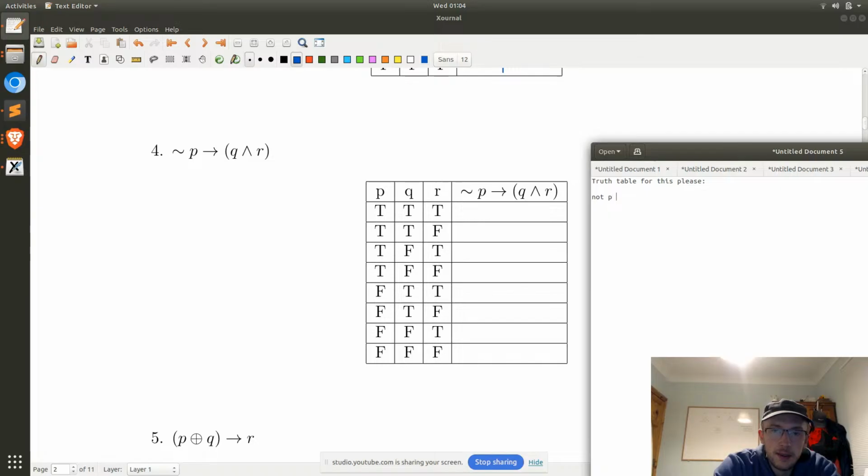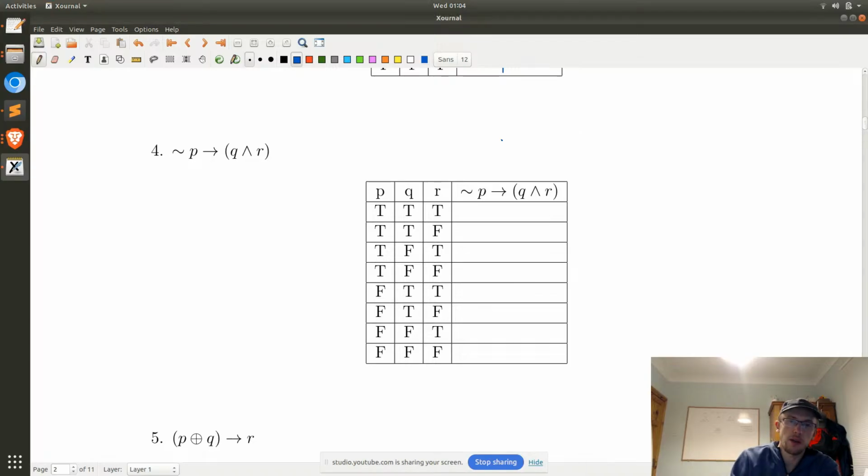So not P. Not P implies Q and R. P XOR Q implies R. Okay. Now to figure out the truth tables.